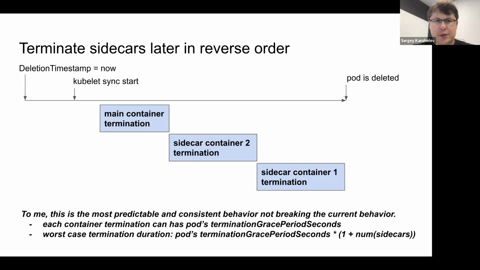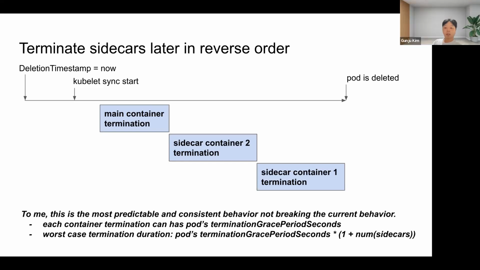What kind of breaking change? I didn't get it. The current behavior is if the kubelet sync starts delayed, if kubelet is delayed to terminate the container by 5 seconds, then it will get 5 more seconds of termination duration period.